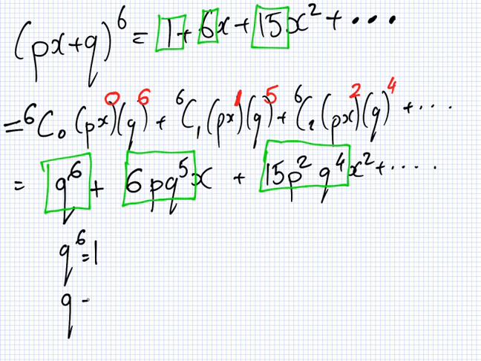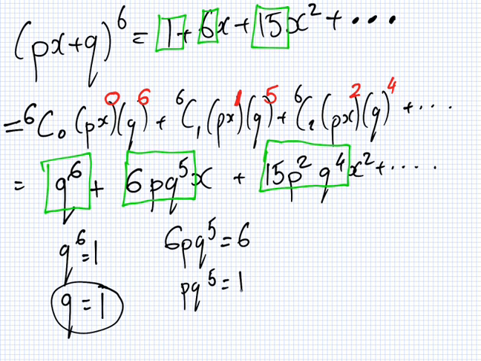So what must Q be? 1. Yeah. Now here, 6PQ^5, what must that equal? 6. So what must PQ^5 equal? 1. But what does Q equal? 1. What's 1 power 5? 1. So you get P equals 1. And we're finished. P equals 1 and Q equals 1 here.